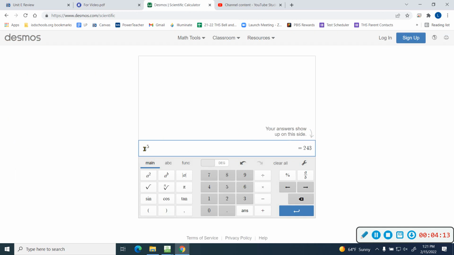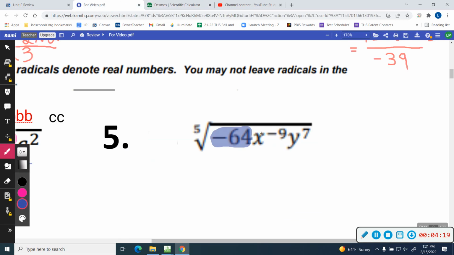So let's check again that 2 to the 5th. It's 32. Can I break this up as 32 times something? And I can. I could break this up into negative 32 times 2.